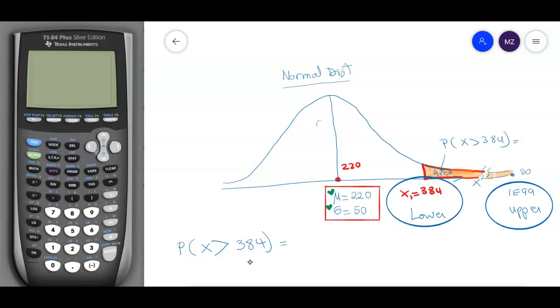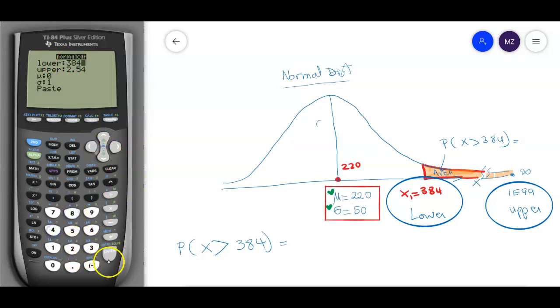All right. So moving on to the calculator right now. We're going to plug in everything there. The way to get into the distributions is second and then vars. So we're going to use the second one, normal CDF, enter. The lower bound is 384, so type it in.